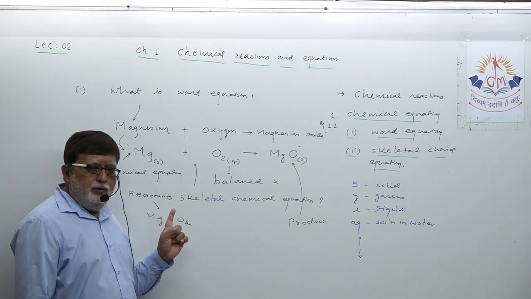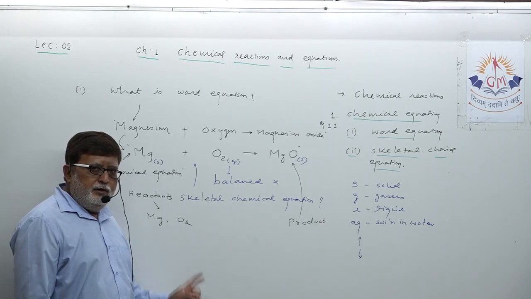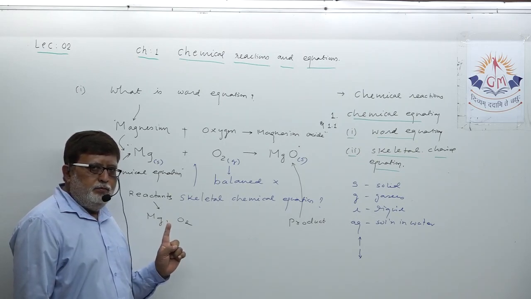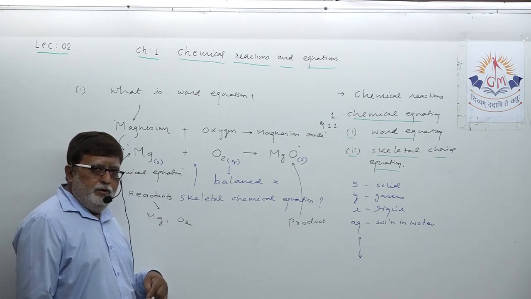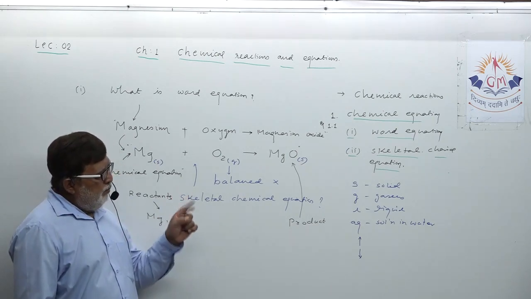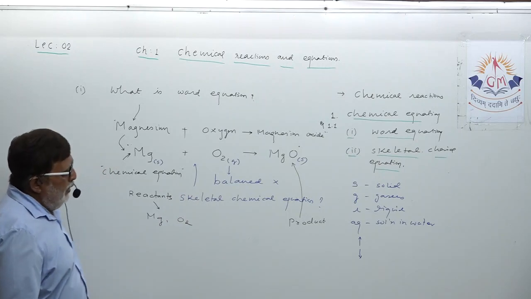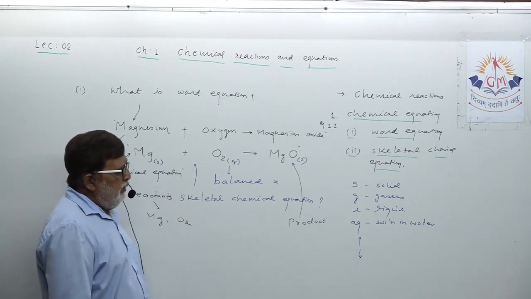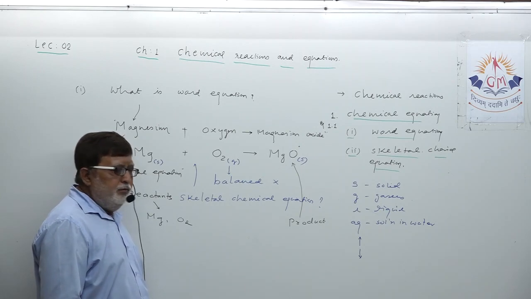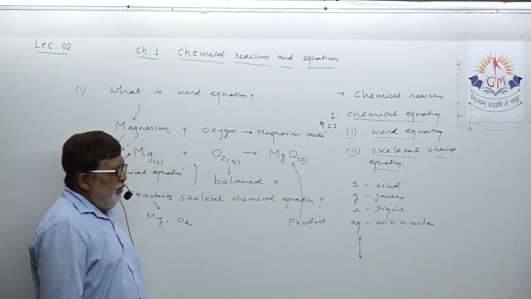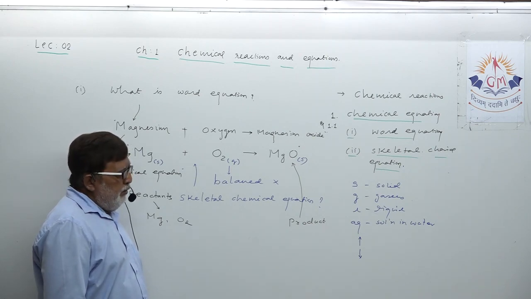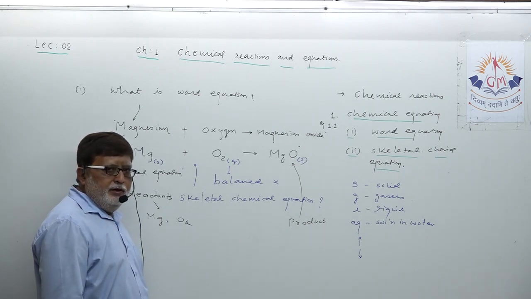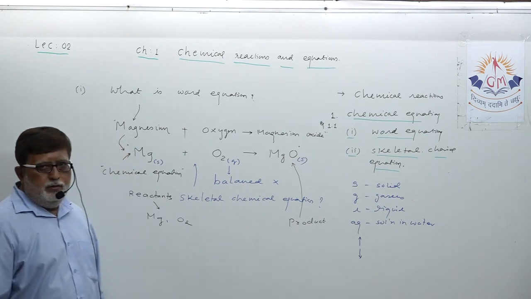Third point, reactants are written on the left hand side of the equation separated by plus sign. Products are written on the right hand side of the equation separated by plus sign. Reactants and products are separated by an arrow, generally a rightward going arrow.